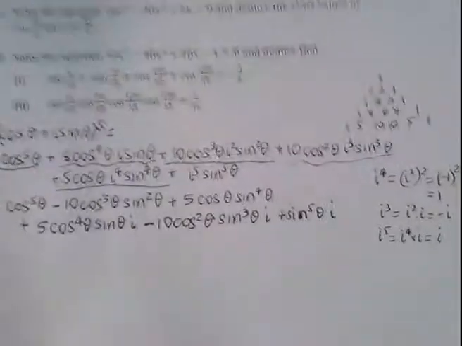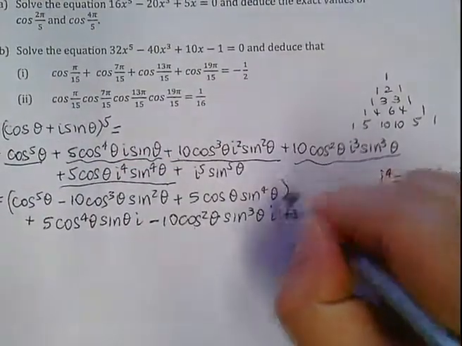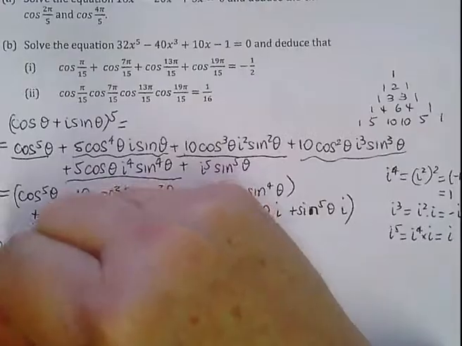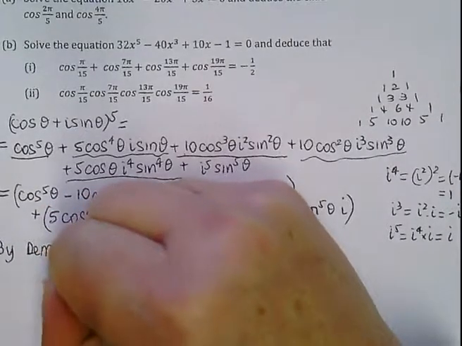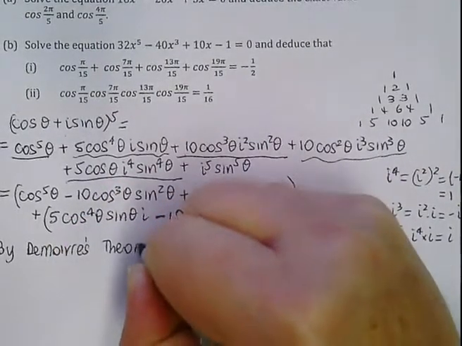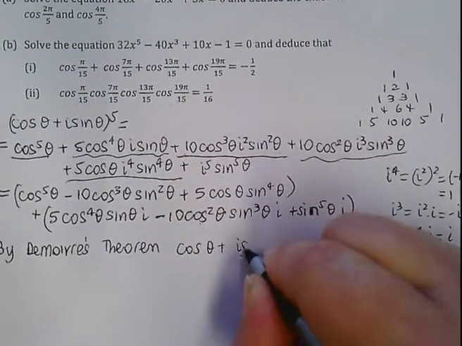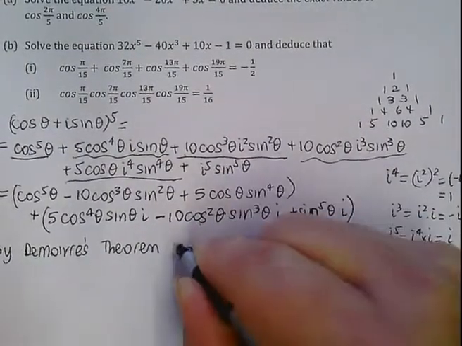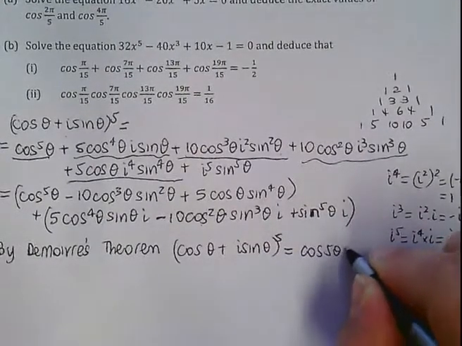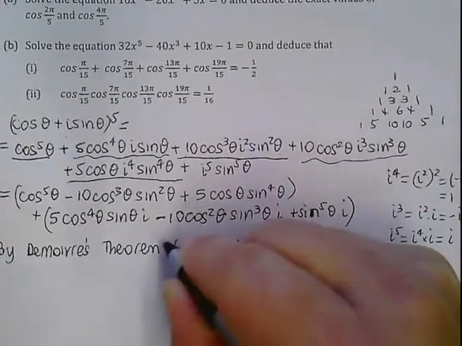So we've got our real parts on that first line and our imaginary parts here on the second line of this expansion. Now, by de Moivre's theorem, we also know that cos theta plus i sine theta to the power of 5 is equal to cos of 5 theta plus i sine 5 theta.